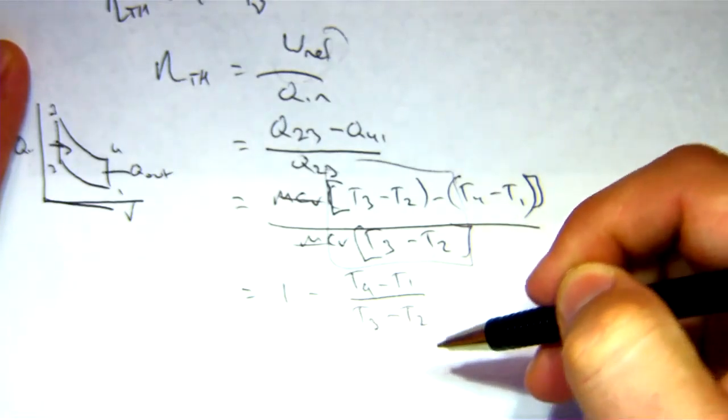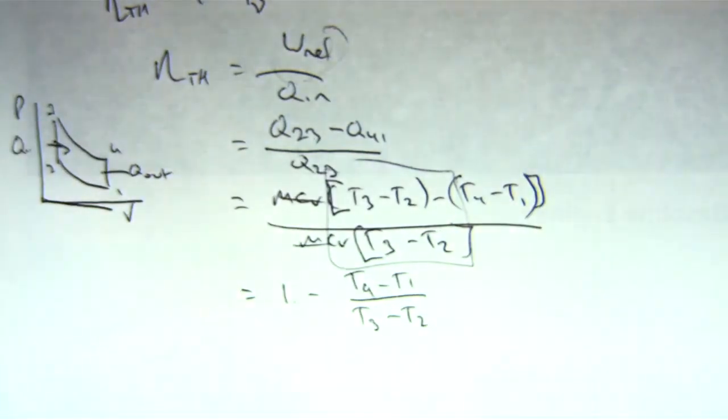Which is not yet in the form that I would like to have it. I'd like to have this in a form where I can analytically evaluate the efficiency of an Otto cycle without knowing what temperatures it was operating between, just by giving me information about the geometry of the Otto cycle, which is to say the volume ratio of the piston. So I'm not there yet.